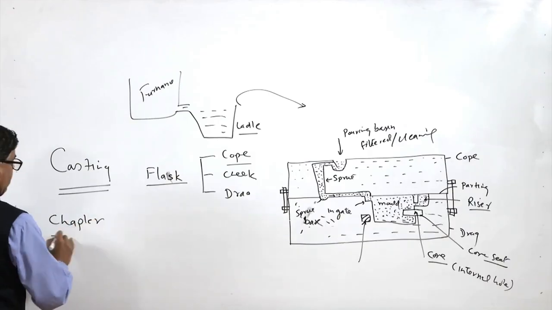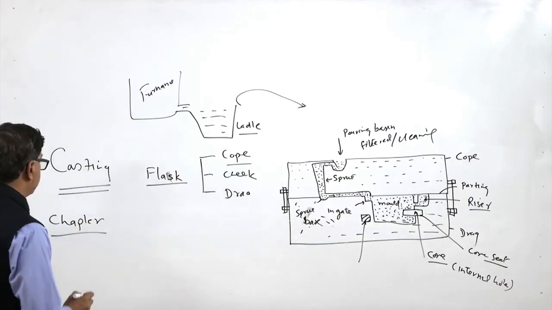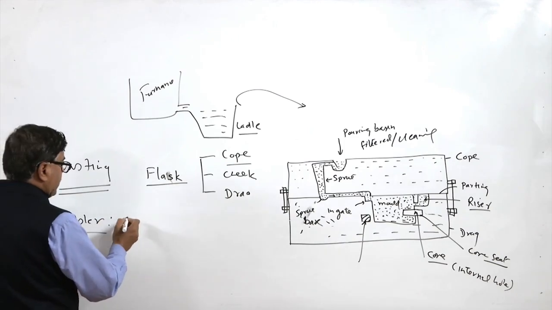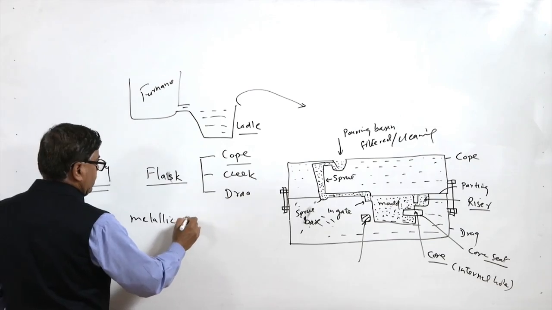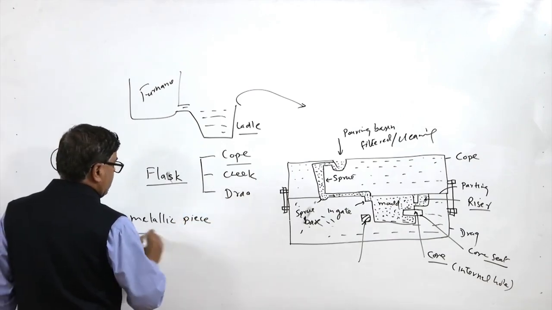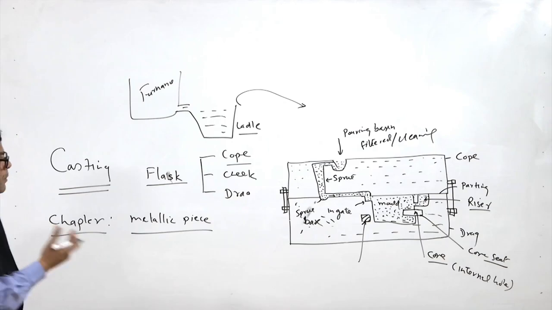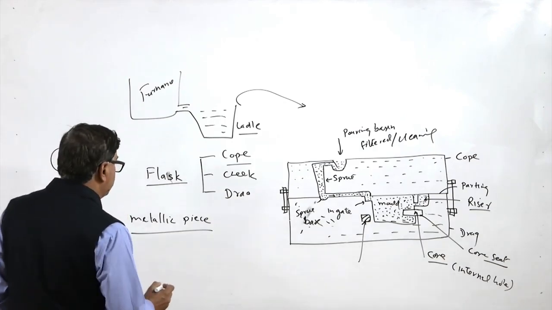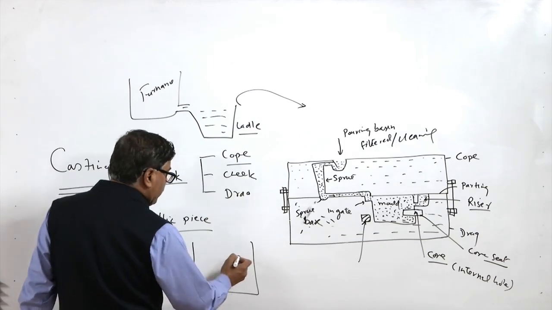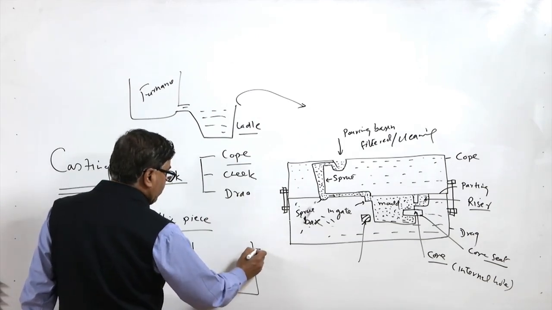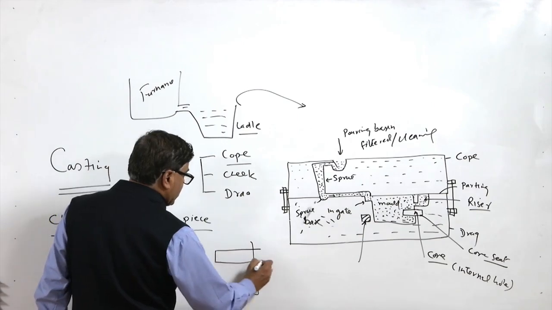And then another common term which is used is the chaplet. A chaplet is a kind of metallic piece which is used to support the core in the cavity. So, like say this is the cavity, this is the mold, and we want to support the core inside the mold.